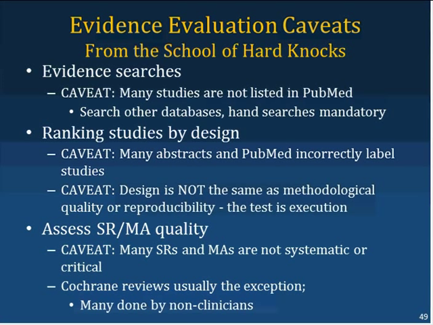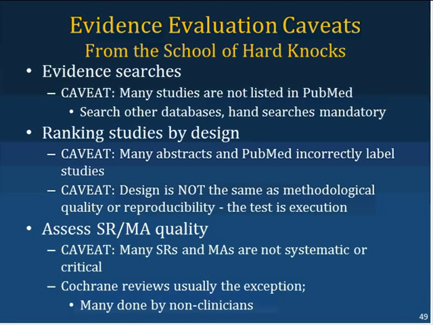Hand searches means looking at the bibliographies of really good articles, going through your literature collection, asking panel members, and so on. We've already talked about ranking things by design. It just doesn't work. Now, one of the points we discovered is that many systematic reviews and meta-analyses are not systematic or critical, although they tend to be labeled that way in PubMed.